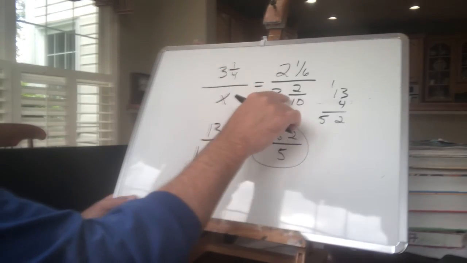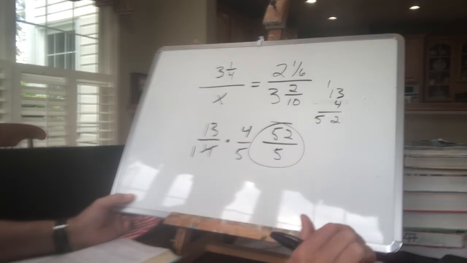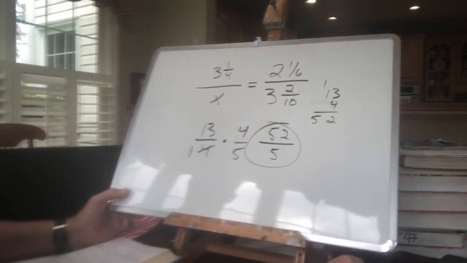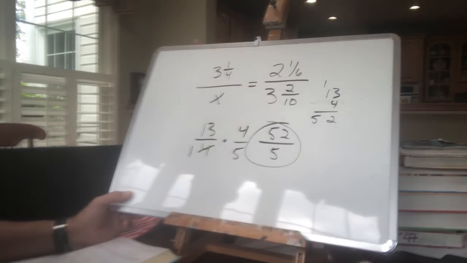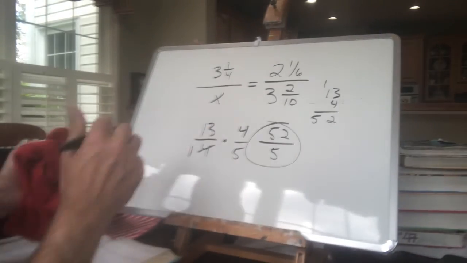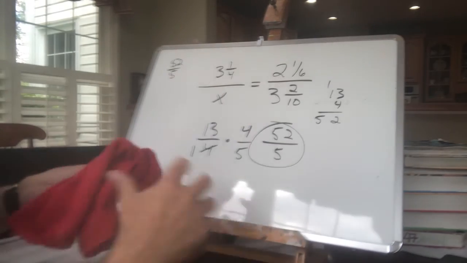I just multiplied 3 1/4 by 3 2/10, and I come up with 52/5. Now I'm going to take that answer and divide it by 2 1/6. I would write that out. I'm going to erase this now to give myself a little bit more room.